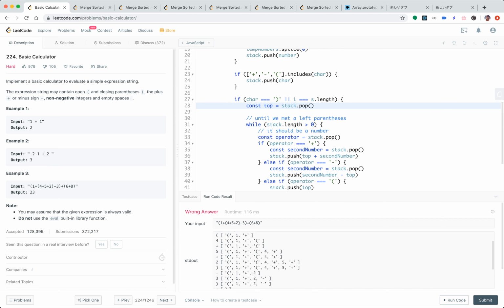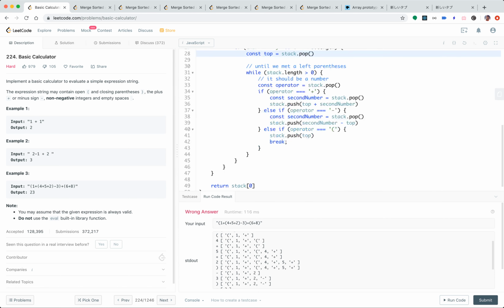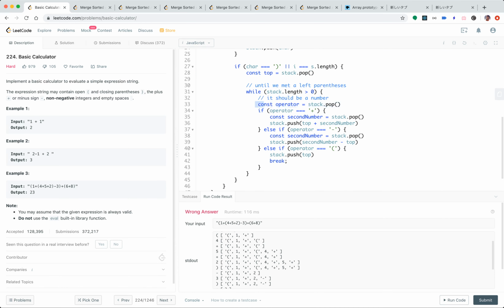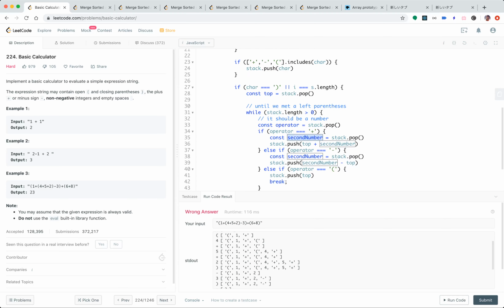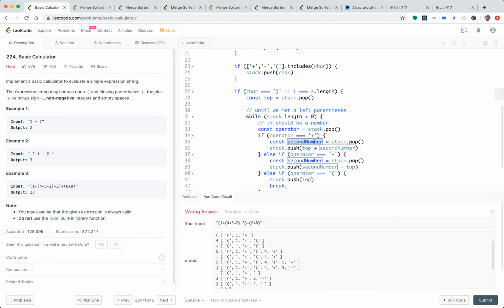The operator should pop, so the operator is plus, so the second number is stack. What does this mean? Second number is pop again, so we push top second number.